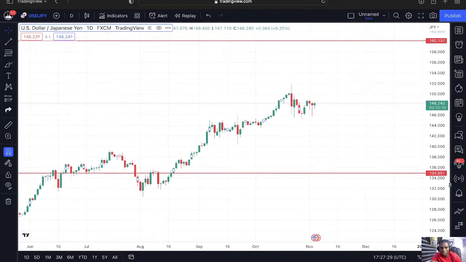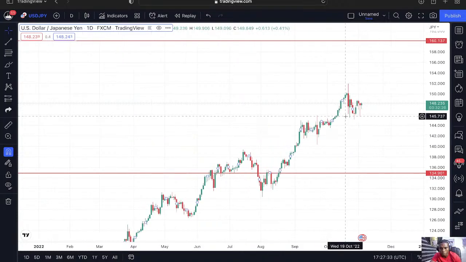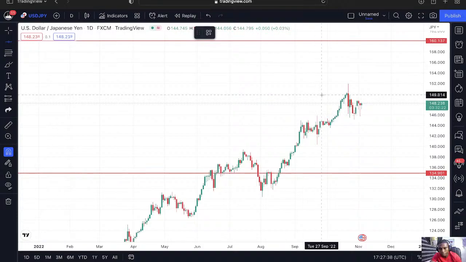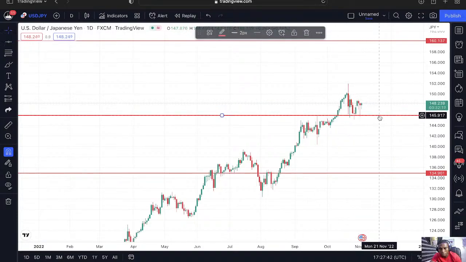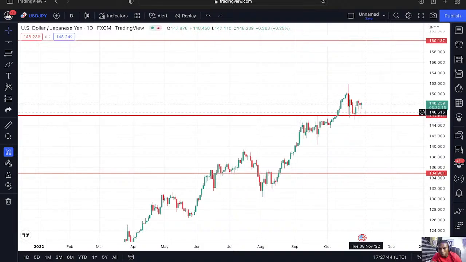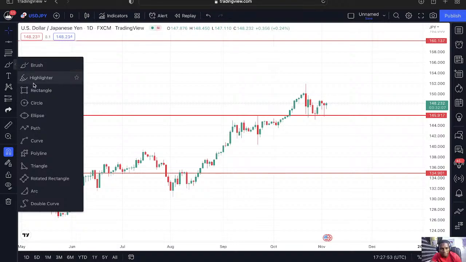So as you can see on the 1 hour time frame here, look at what price did in this region.